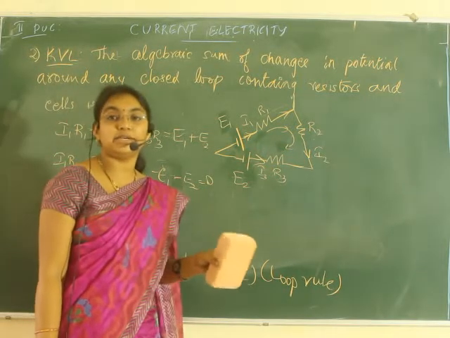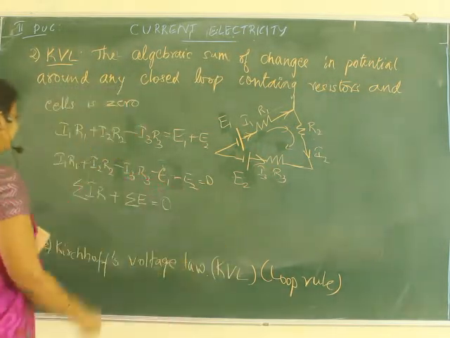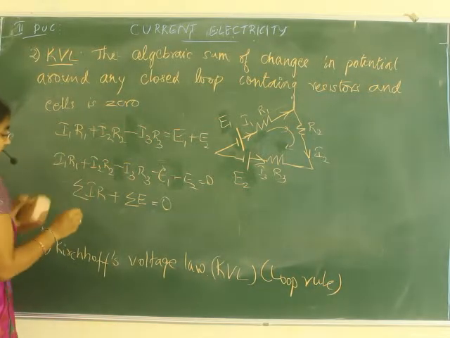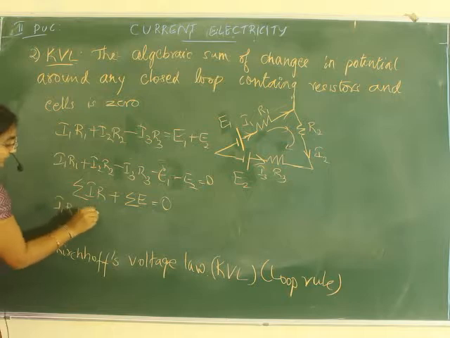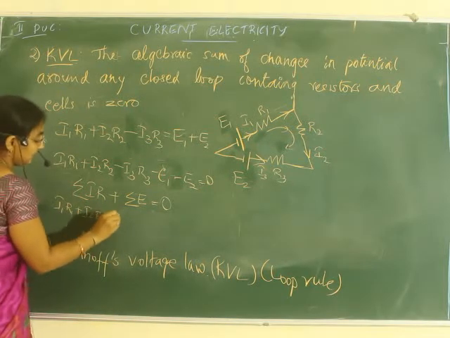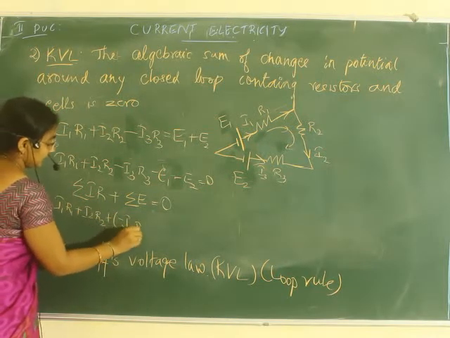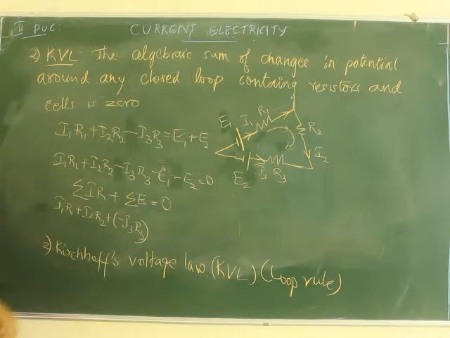What you are going to do is, you are going to add it. Because you can write this expression as, see here, I1 R1 plus I2 R2 plus minus I3 R3, correct? It is nothing but summation itself.